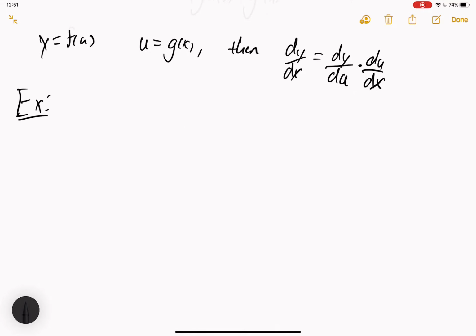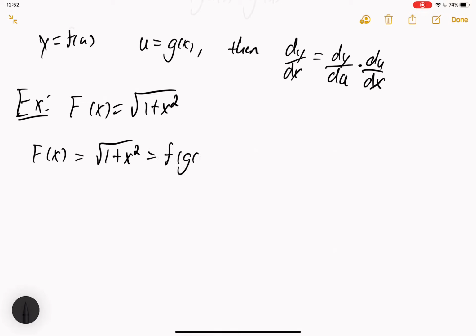f of x is equal to the square root of 1 plus x squared. And if you remember what I said earlier, we said we could write f of x as a composition of functions, f of g of x, which is complicated to say.